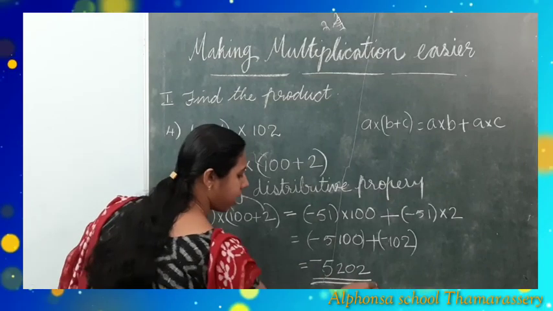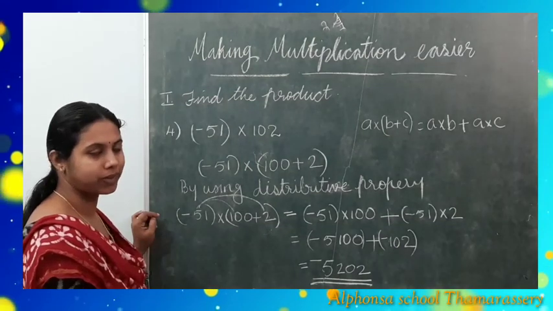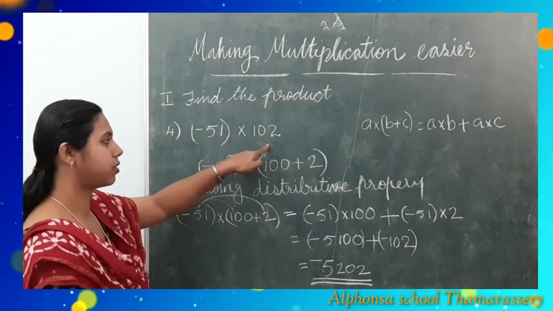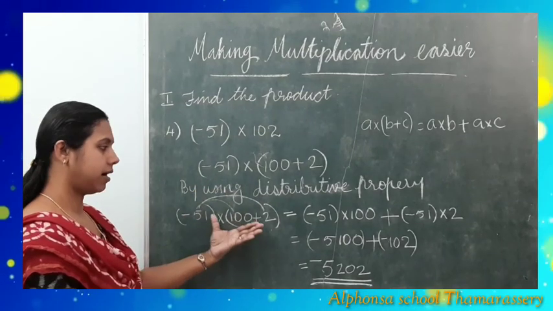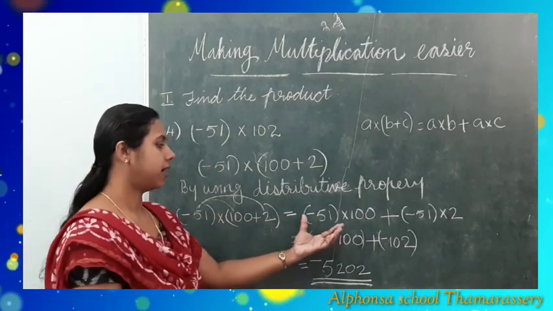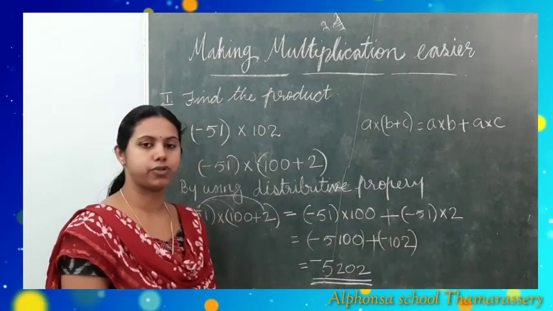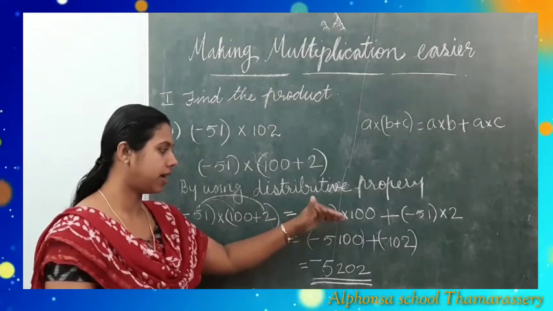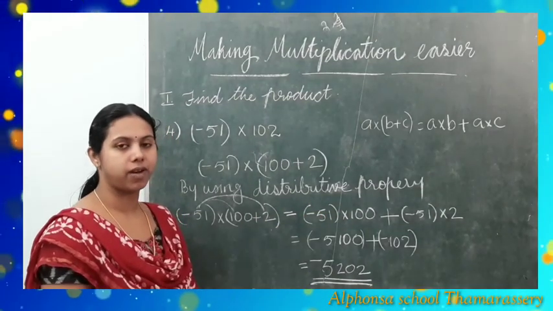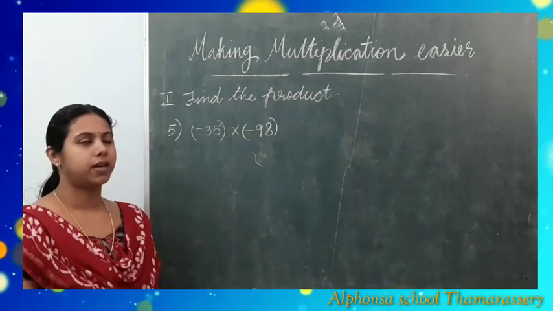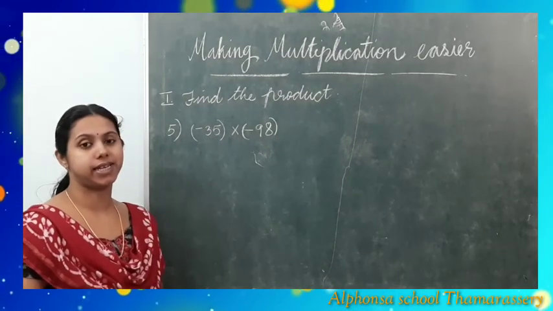So minus 5202. So instead of multiplying these two numbers directly, using the distributive property, we wrote that calculation as minus 51 into 100 plus minus 51 into 2. We make it in a simpler way, so very easily we can multiply and find the answer. Next one is minus 35 into minus 98.